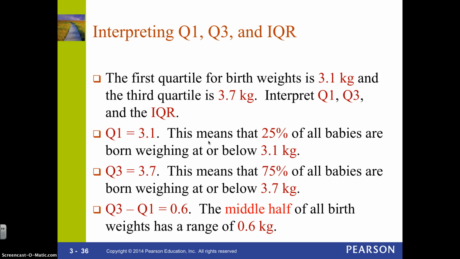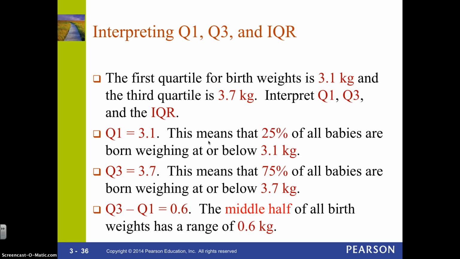Q3 is the same idea. You just replace your 25% with 75%, and then replace the 3.1 kilograms with 3.7 kilograms. You could also say for Q3 that 25% of all babies are born weighing at or more than 3.7 kilograms.